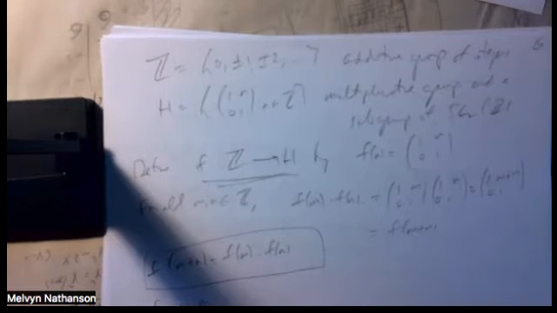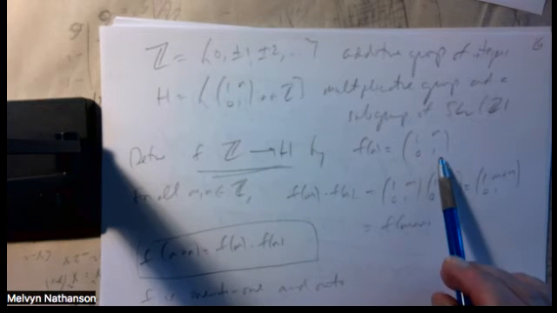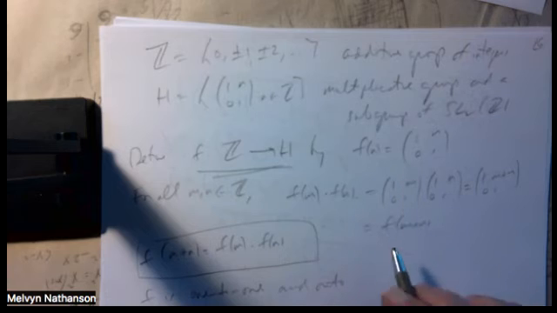What else can we say about f? f is 1-to-1, because every integer n gets mapped to a unique matrix in H, and onto, because every matrix in H is of this form, so it's f of n for some integer n. So f is a 1-to-1 correspondence.